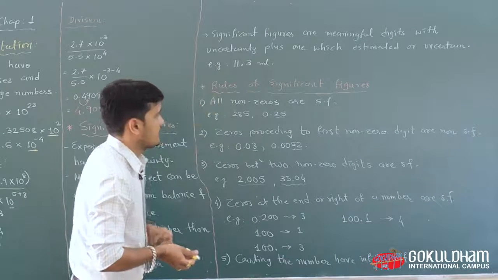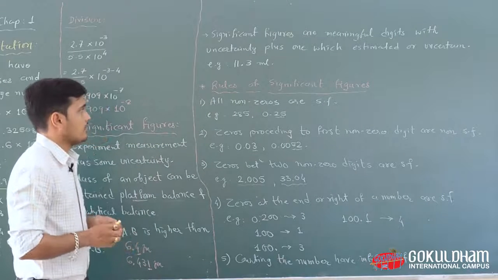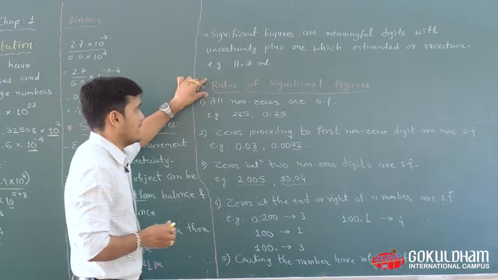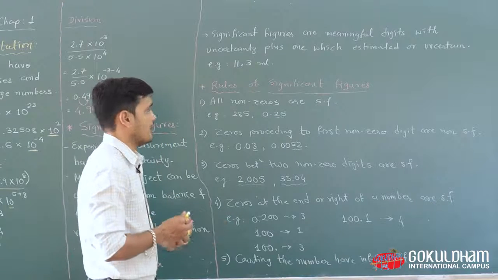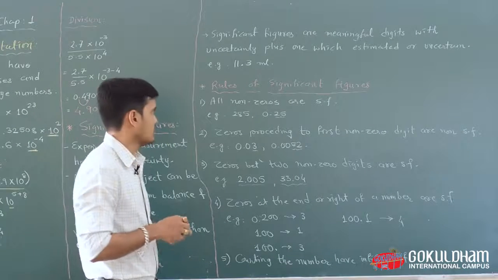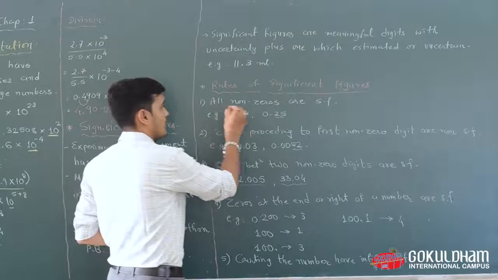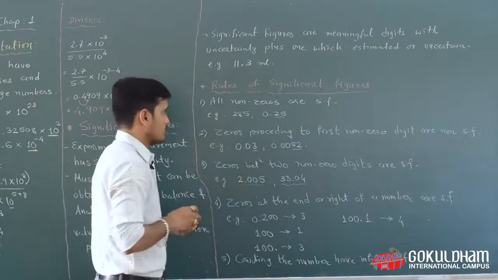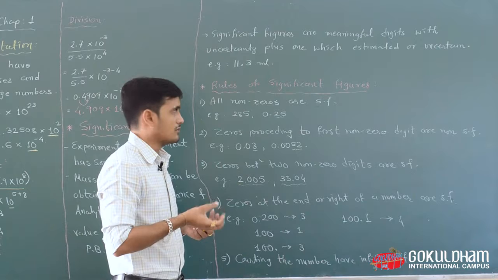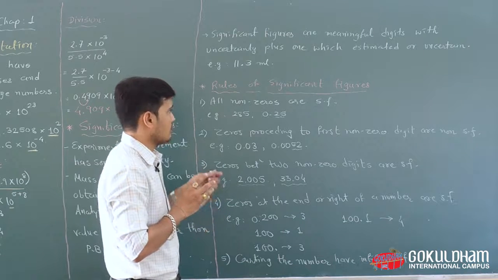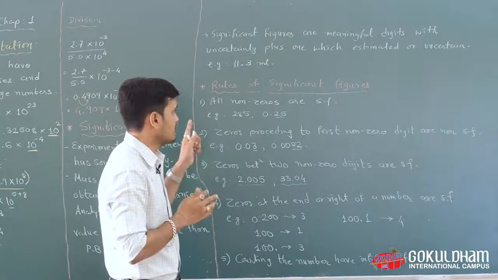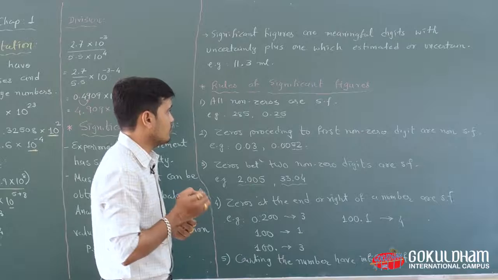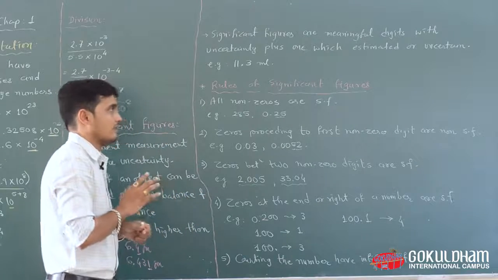Rules of significant figures. This is the most important part in your chapter to identify the significant figures. All non-zeros are significant figures. Means all zeros can be nullified in this first rule. You have to count only the numbers.